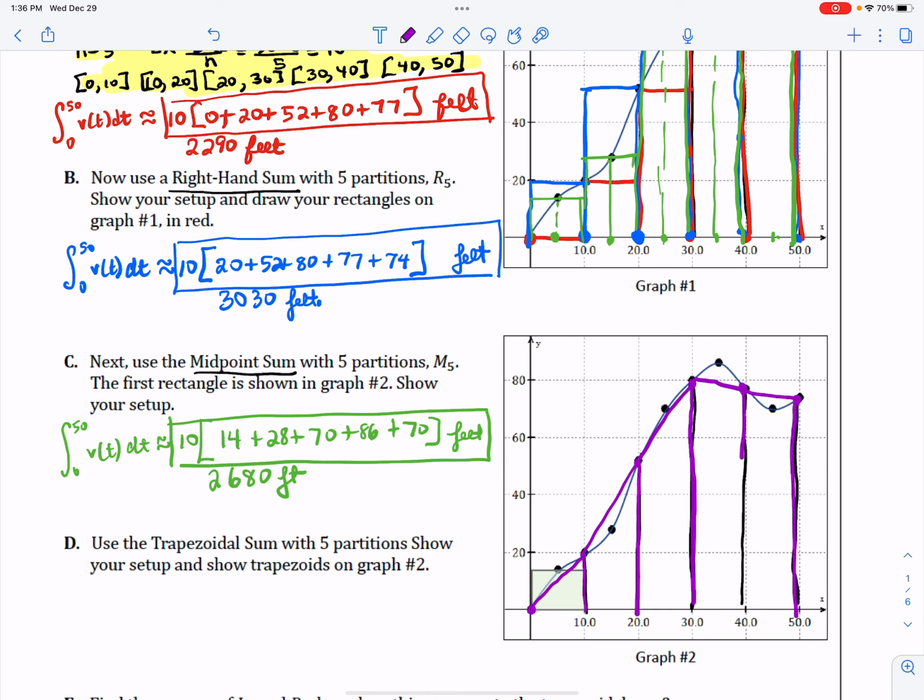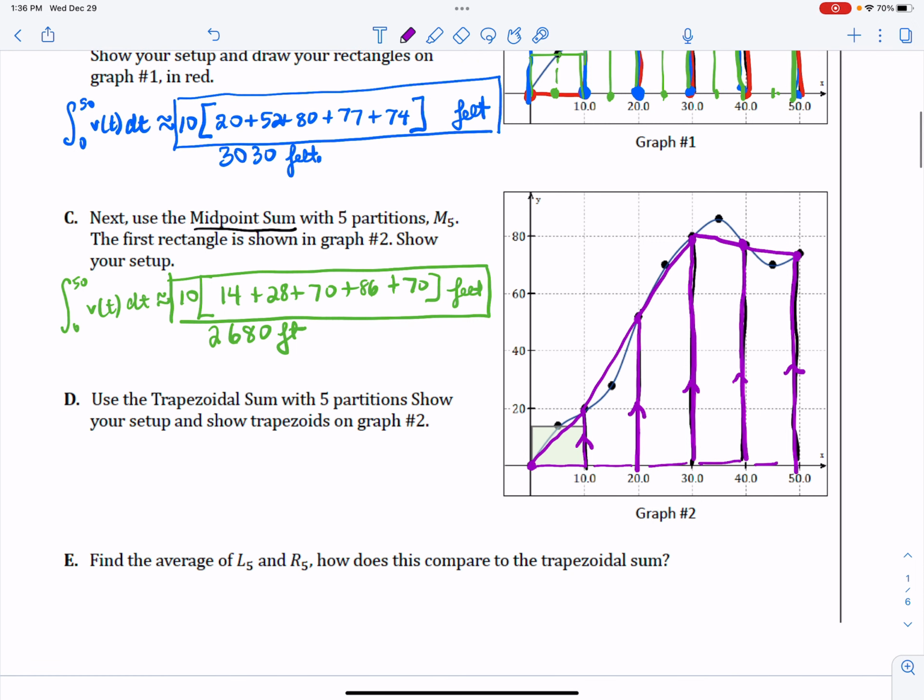Notice the parallel sides of the trapezoid are these vertical line segments. The height of the trapezoid is delta x. So recall that the area of a trapezoid is 1/2 the height times the sum of the bases.